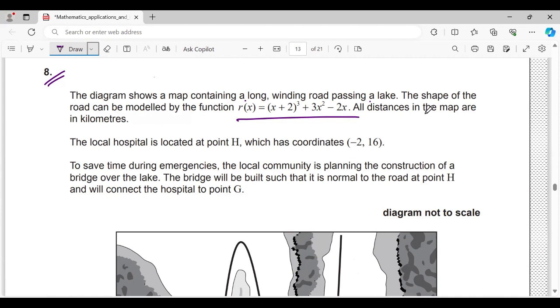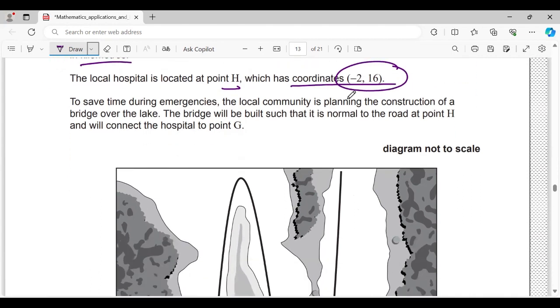All distances in the map are in kilometers. The local hospital is located at point H, which has coordinates x equals negative 2, y equals 16.